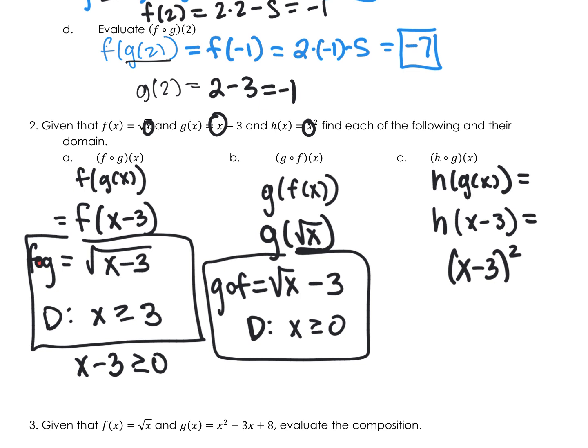Now, this is not x squared minus 9. Be careful. You can't distribute your things. Sometimes you might see the answer just left like this. Some people might leave the answer like this. But I do want you to practice multiplying it out, because remember, that is x minus 3 times x minus 3, and you can multiply that out.